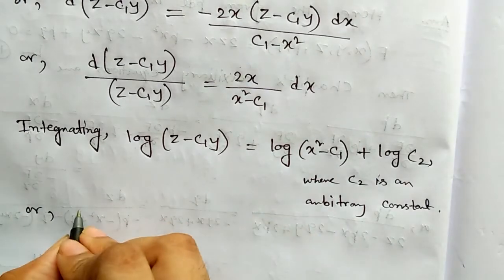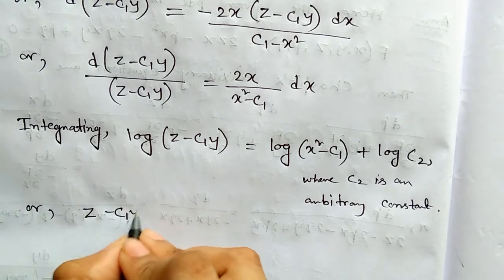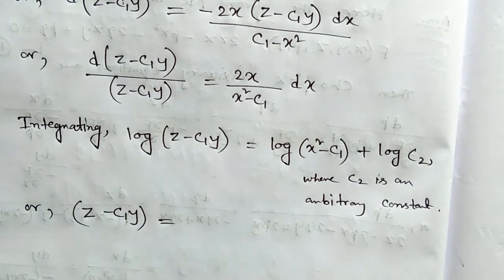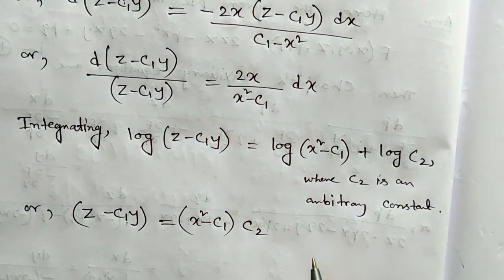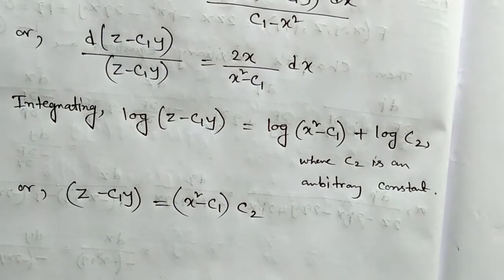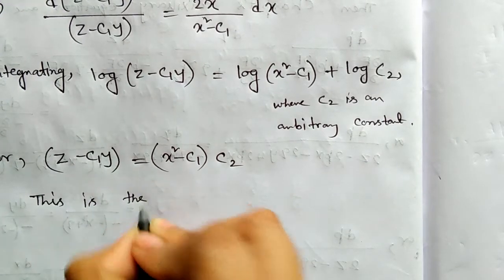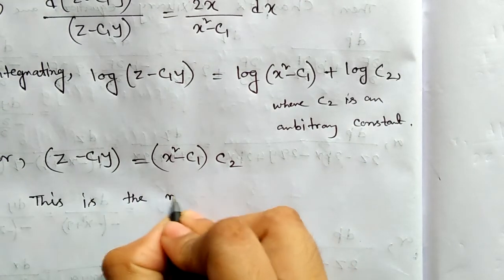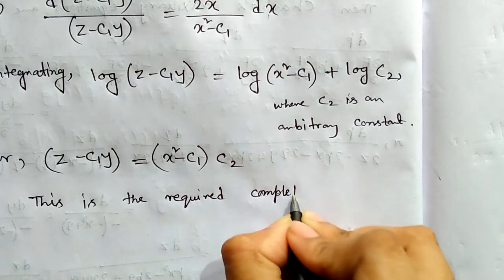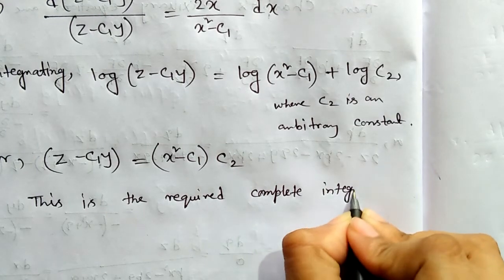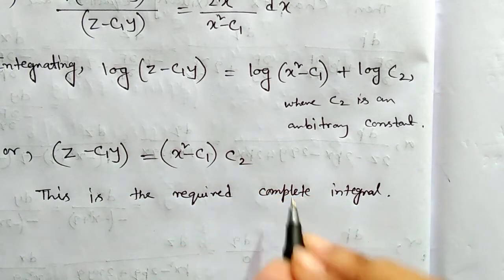Or we can write z minus c1y is equal to (x square minus c1) into c2. So this is our required complete integral of the given PDE, where c1 and c2 are independent arbitrary constants.